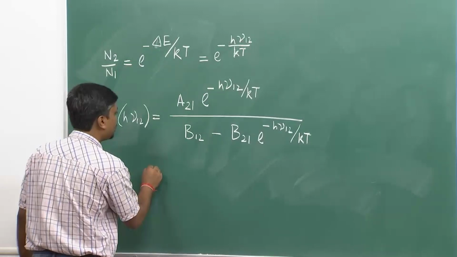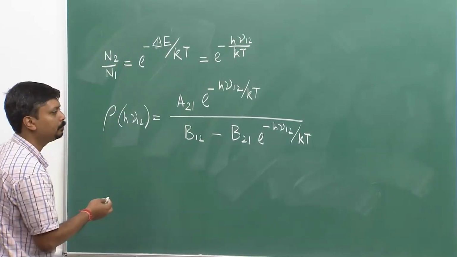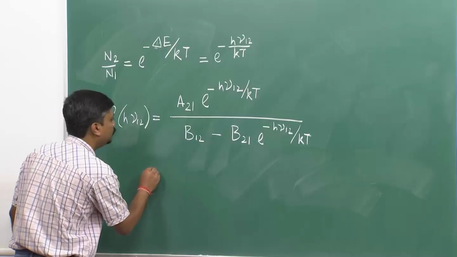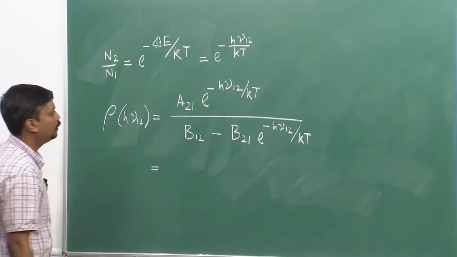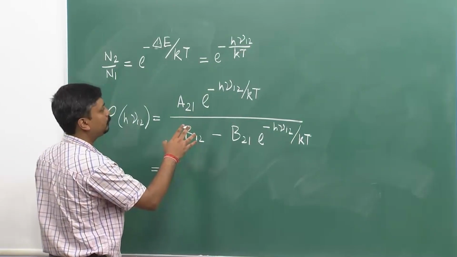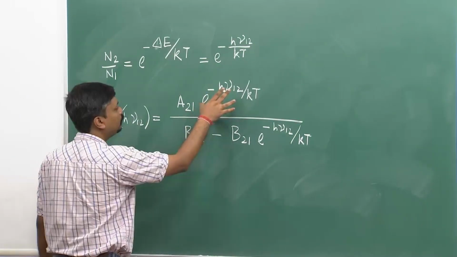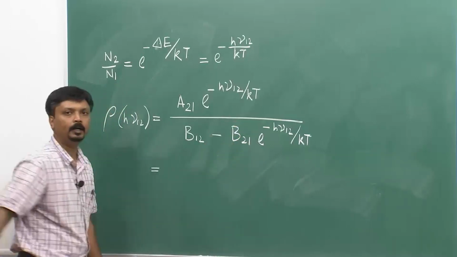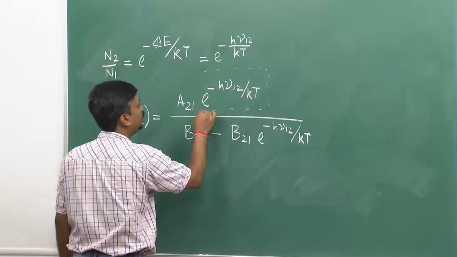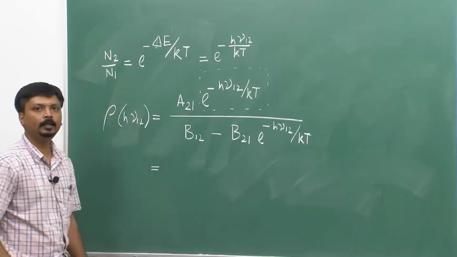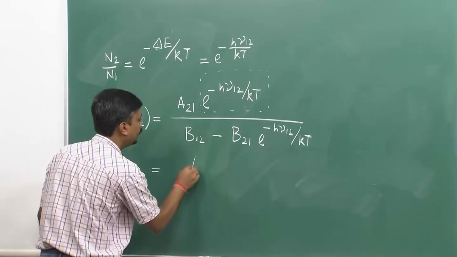Now at this point, if I divide both numerator and denominator by this quantity, e to the power minus h nu by kT, then what do I get?